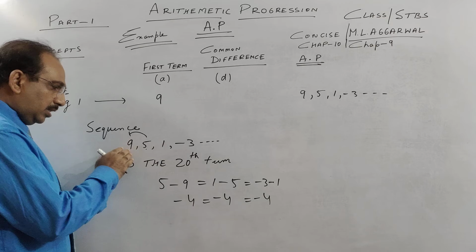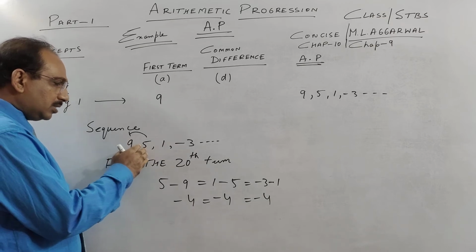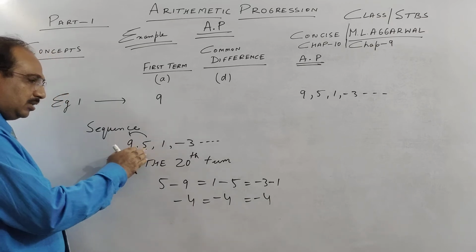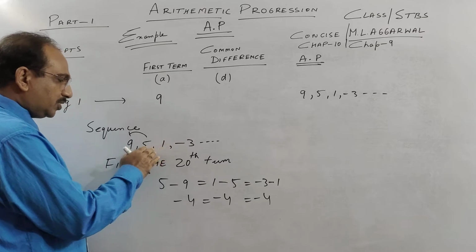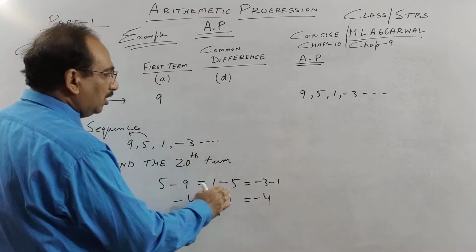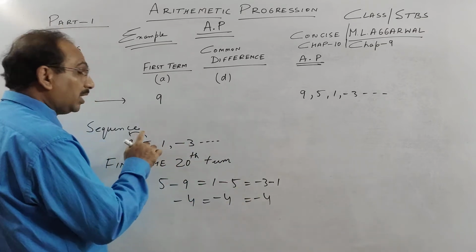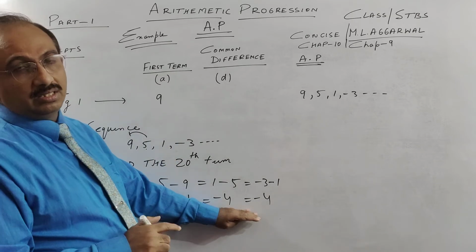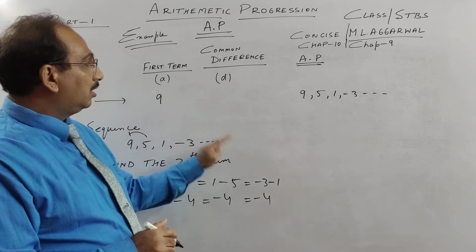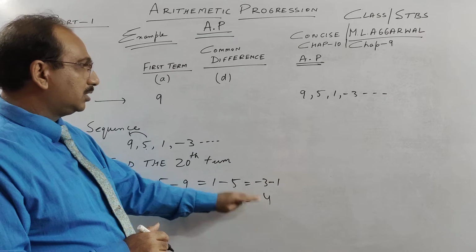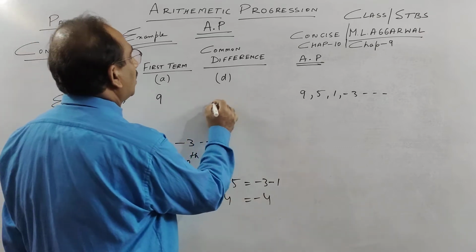So the second term is 4 less than the first, the third term is 4 less than the second, and like that. So the common difference, remember children, is minus 4. This is a decreasing sequence, because the common difference is negative, it will decrease. If the common difference is positive, then it increases. So this is minus 4.